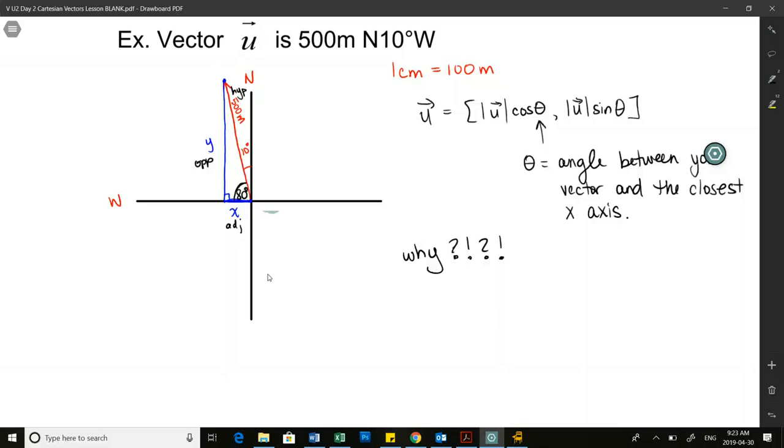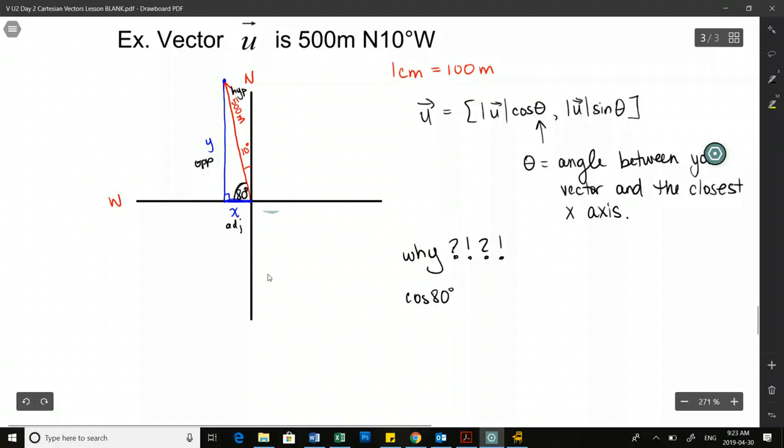So which trig ratio am I going to use in this right angle triangle? Cosine. So the cosine of 80 is going to be equal to x adjacent over the magnitude of our vector, which happens to be the hypotenuse, which is 500. And then when I isolate for x here, I'm doing the hypotenuse, or the magnitude of my vector, times the cos of 80. And that gets x by itself.